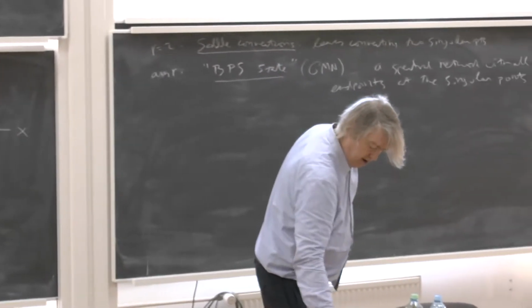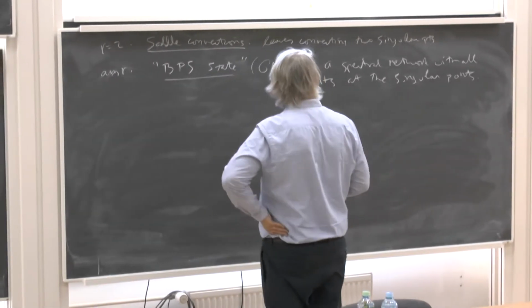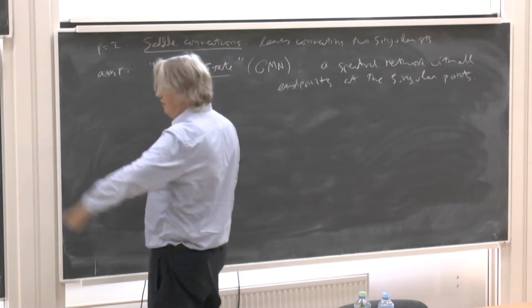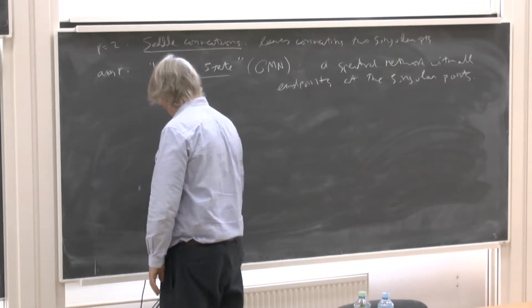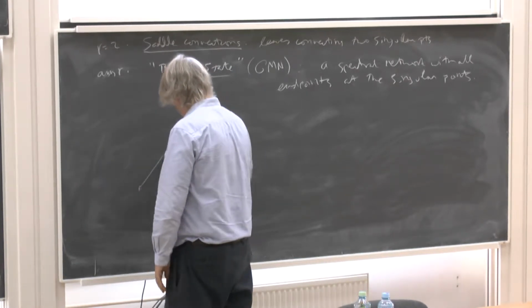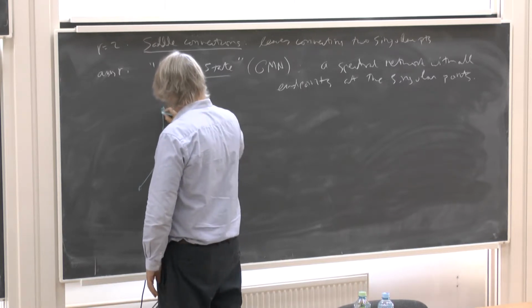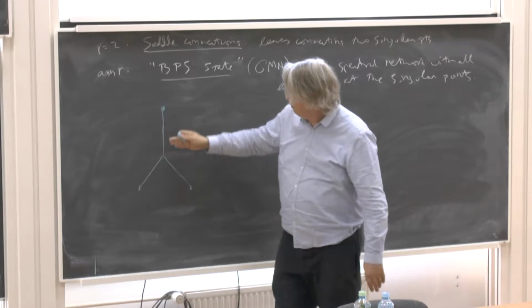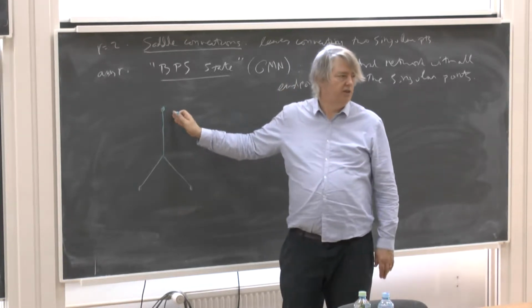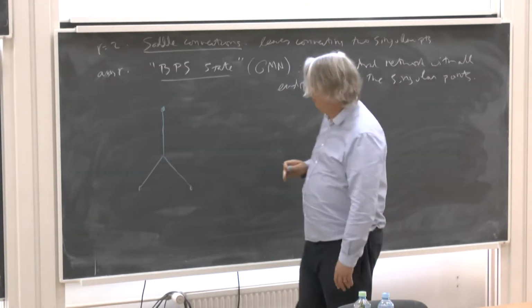So we can try to draw a picture. If we take the same picture, but assume that there happens to be a singular point up here, a singular point of the foliation, then that would be a BPS state.